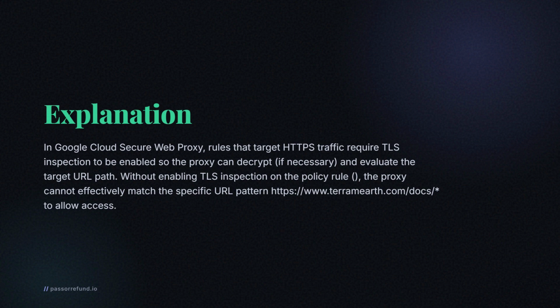Going with B, in Google Cloud Secure Web Proxy, rules that target HTTPS traffic need TLS inspection enabled. This allows the proxy to decrypt, if necessary, and then evaluate the target URL path.